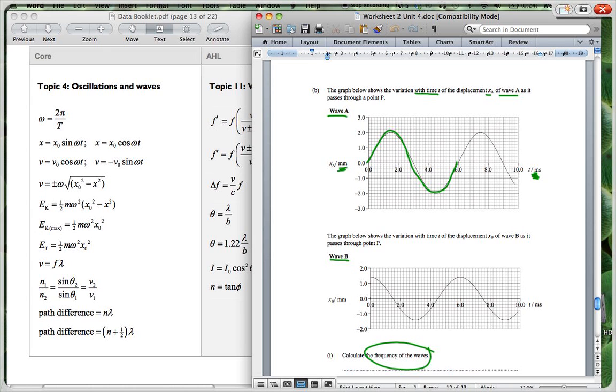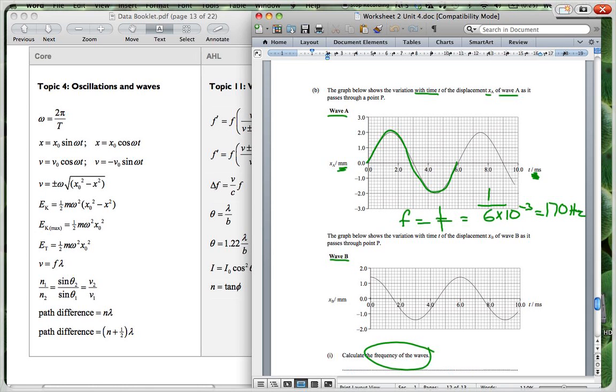So our frequency for wave A is going to be 1 over T, so it's going to be 1 over 6 times 10 to the negative 3 seconds, and that gives you about 170 hertz.